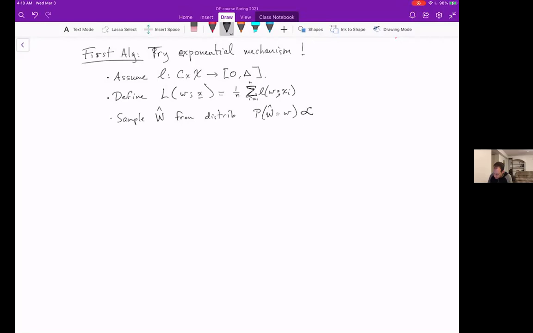So it's proportional to e to the minus epsilon n over 2 delta times the loss at W. Okay, so this is our algorithm.